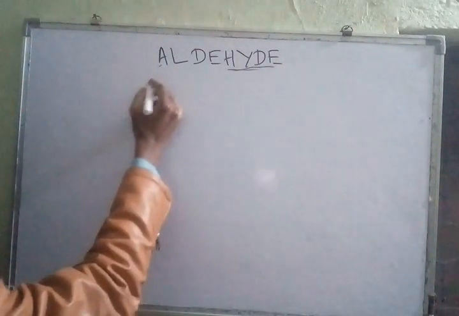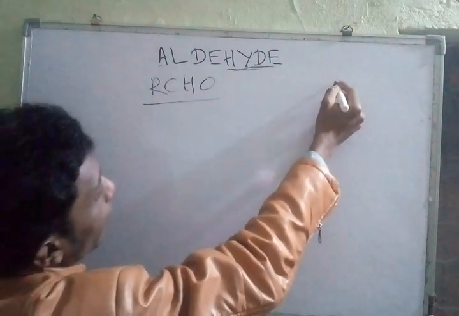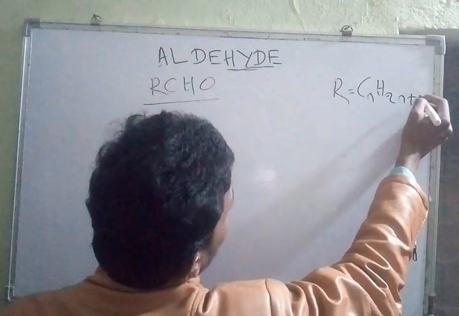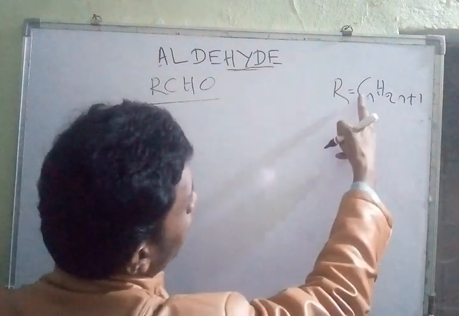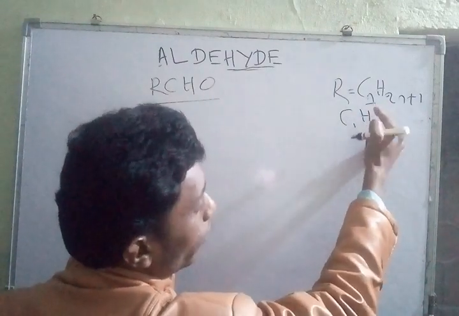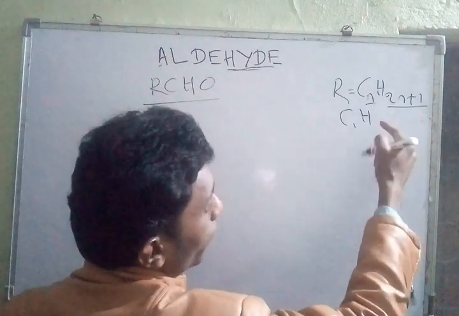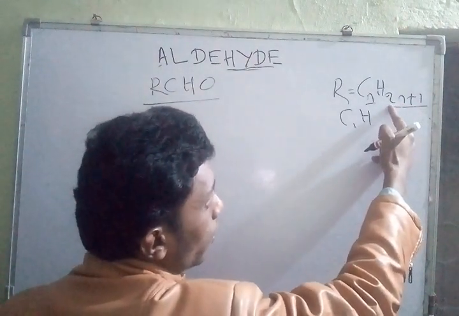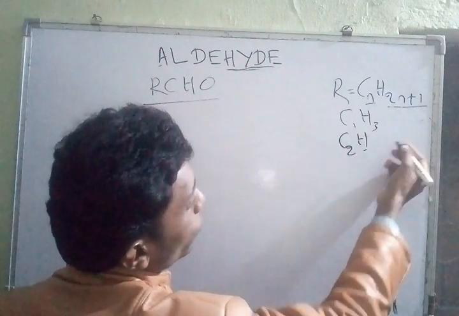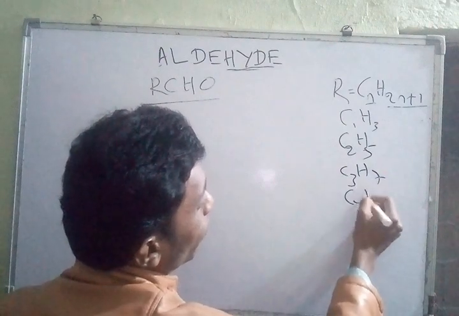For example, you know that RCHO is the general formula, and R is the radical group CnH2n+1. If the value of n is 1, then what about 2n+1? 2 multiplied by 1 is 2, and 2 plus 1 is 3, so CH3. For n equal to 2, 2 twos are 4, plus 1 is 5, so C2H5; then C3H7, C4H9.